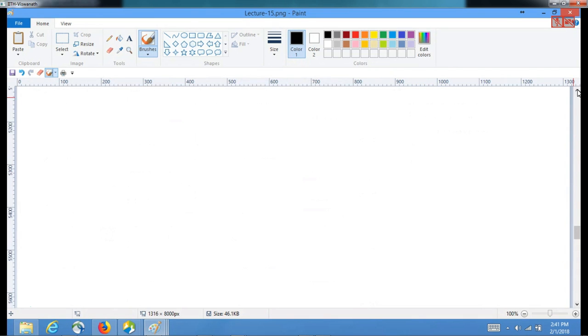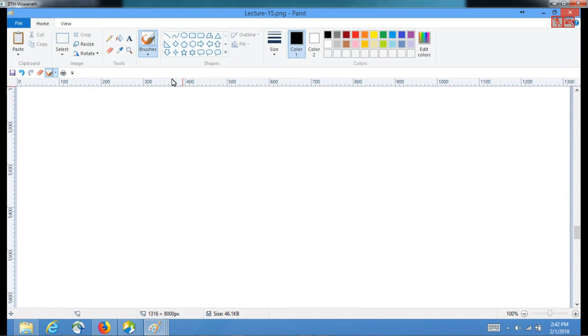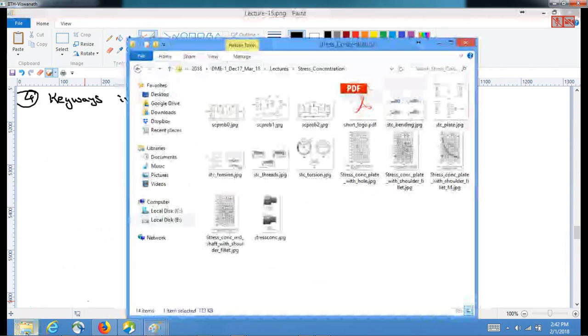You can also have stress concentrations in keyways. This is the shaft keyways. So let us show a pictorial view.